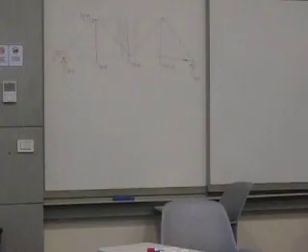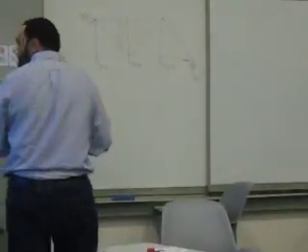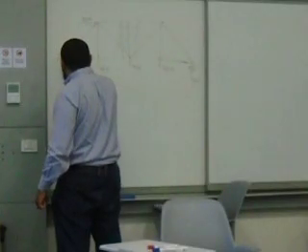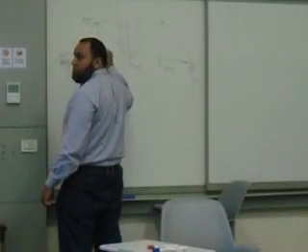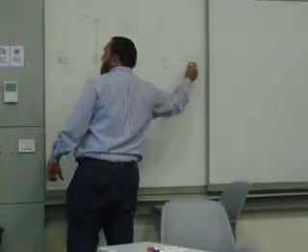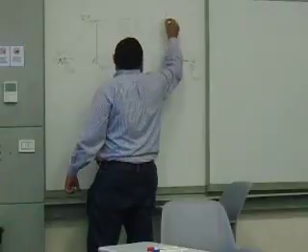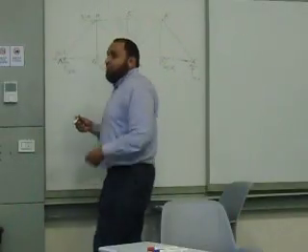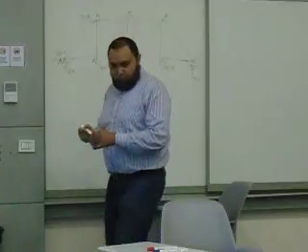So what we'll be doing now is something very simple. This is what we call the method of sections. So I have this truss. This is A, B, C, D, E, F, G, H. And I'm telling you I only need the marked members.